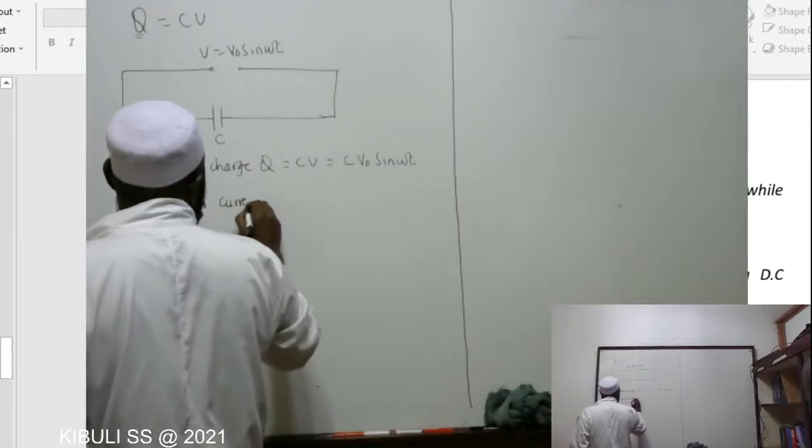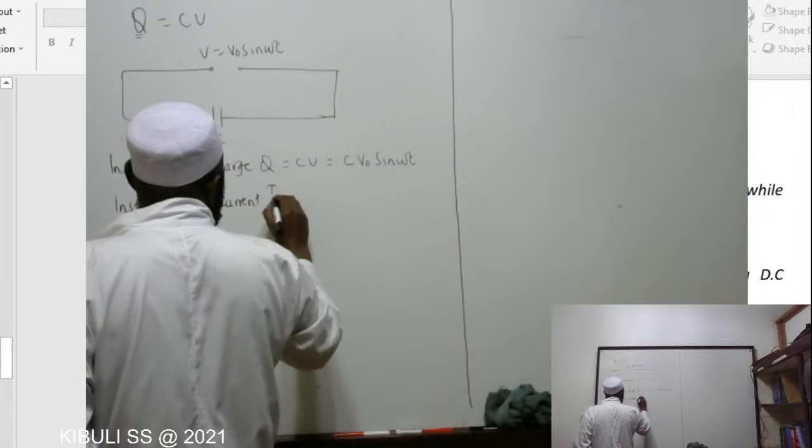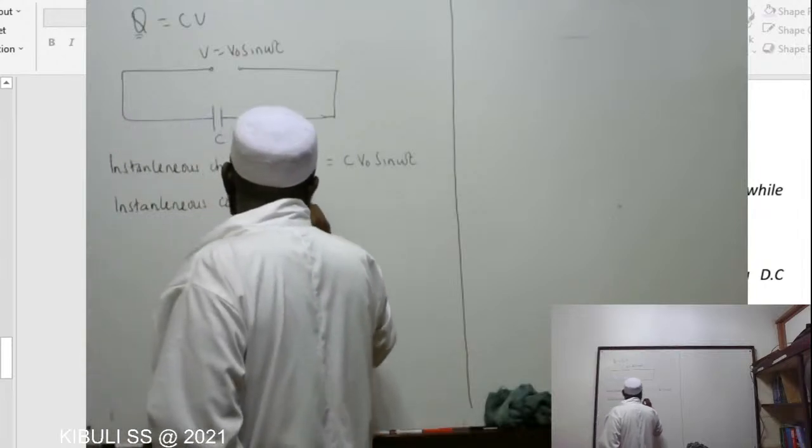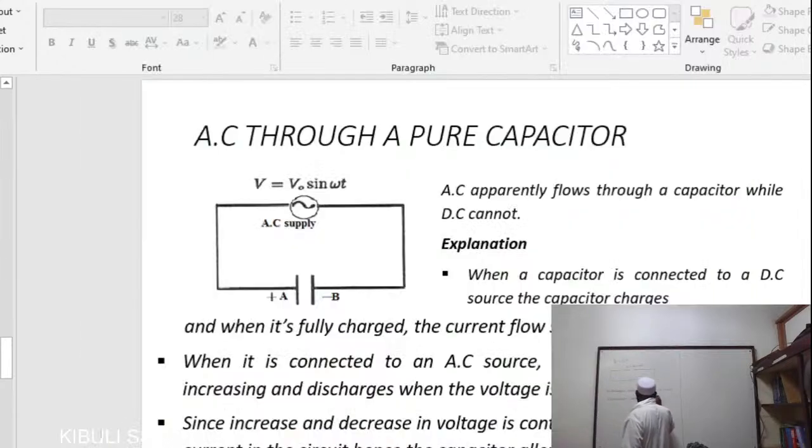Current I is going to be the rate of flow of charge, dq by dt, which is going to be the same as d by dt of CV0 sine Wt. Our interest is to get the value of the current, so we are differentiating with respect to t.